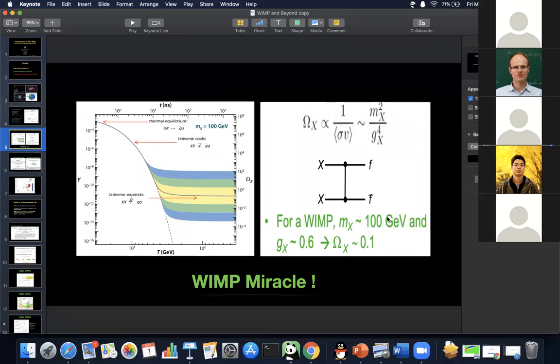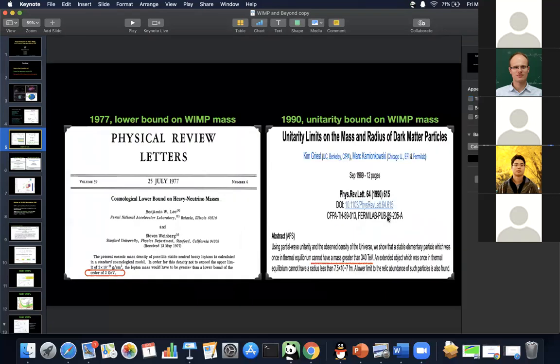So it seems a very natural picture of dark matter, but we did a lot of searches for WIMPs, and unfortunately we didn't see it. And this is a very short history of WIMP dark matter.